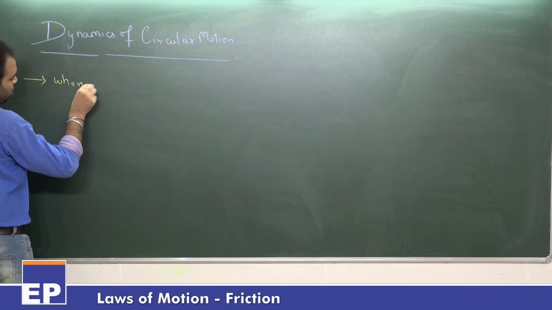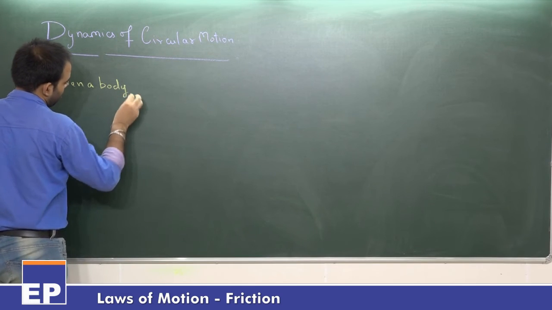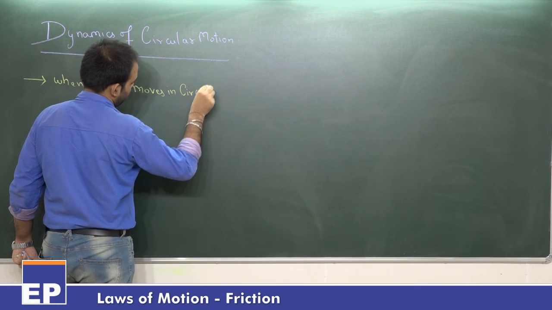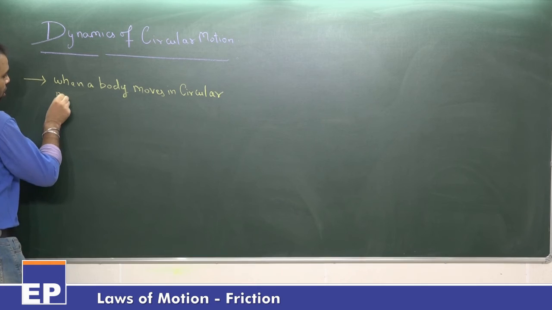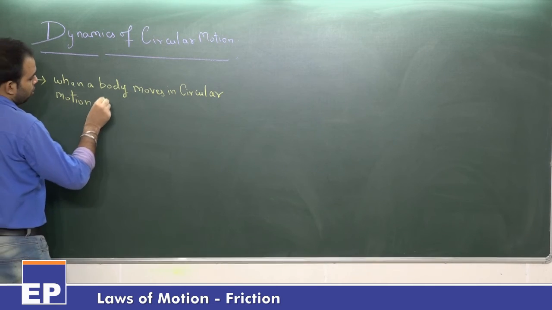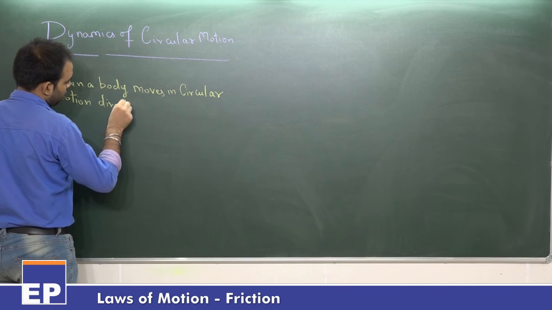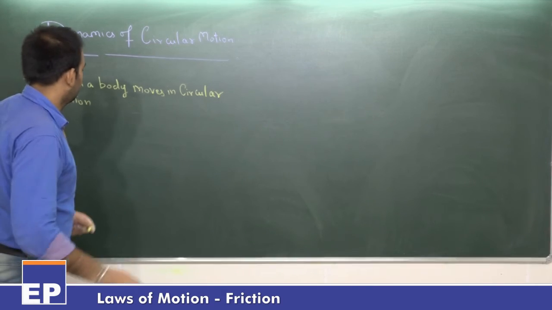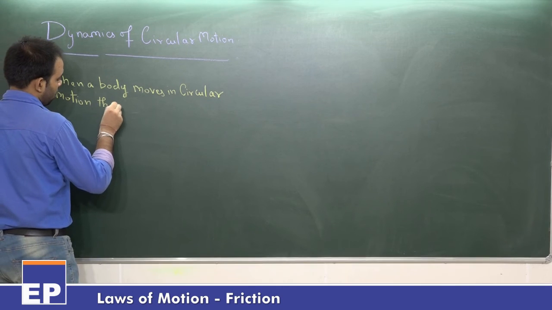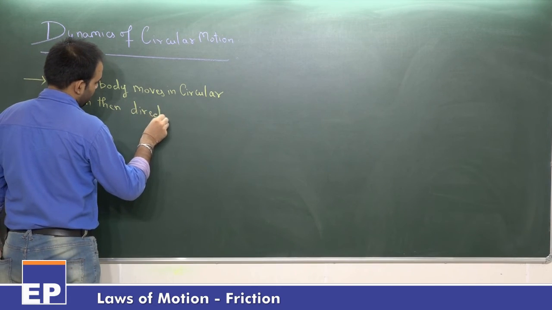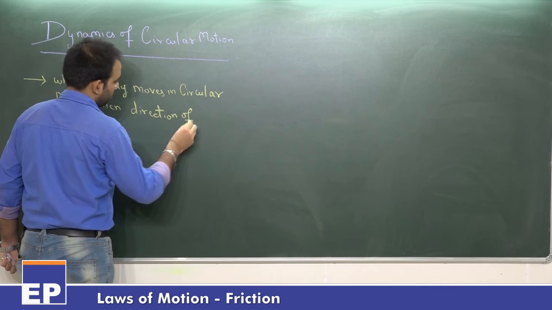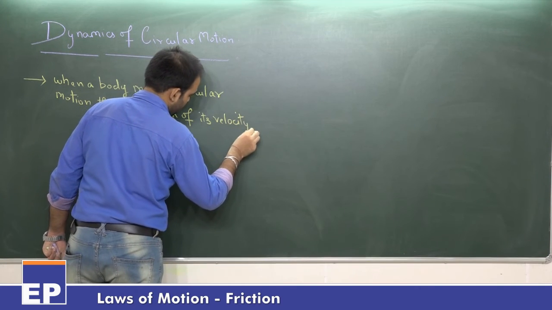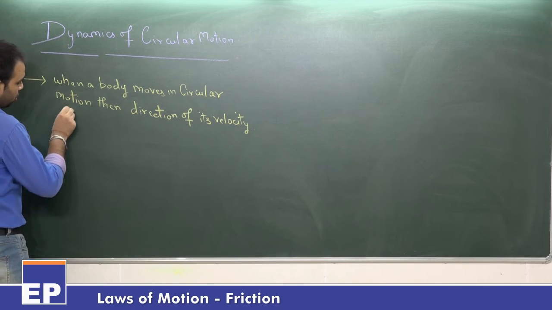When a body moves in circular motion, then the direction of its velocity always changes.